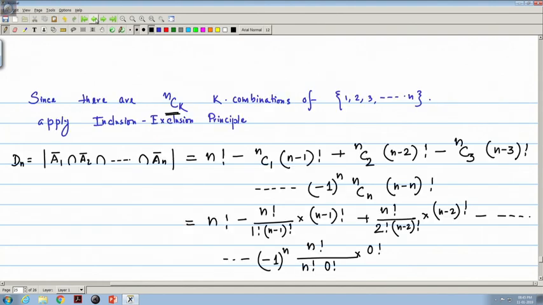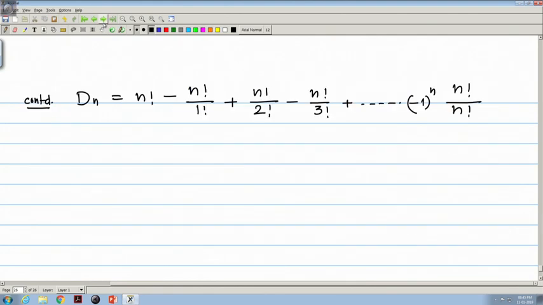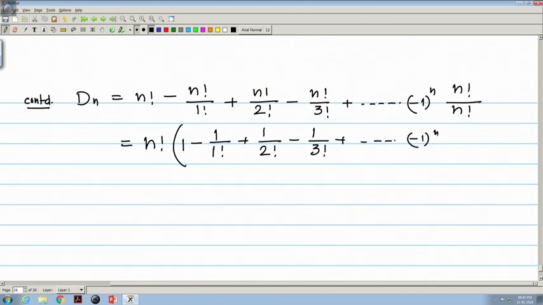For the last term, the 0 factorial will cancel, and then if I take n factorial common, I get 1 minus 1 by 1 factorial plus 1 by 2 factorial minus 1 by 3 factorial plus, and so on, up to minus 1 to the power n, 1 by n factorial. So, this is the theorem statement that we get, and we can prove that this is my derangement expression.